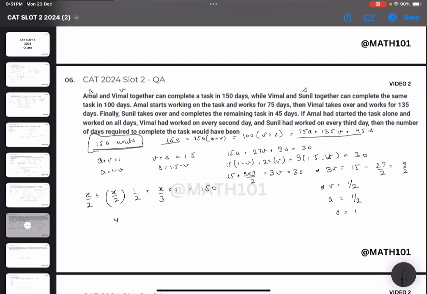This is equal to x by 2 plus x by 4 plus x by 3, which is equal to 3x by 4 plus x by 3, which is equal to 13x by 12.